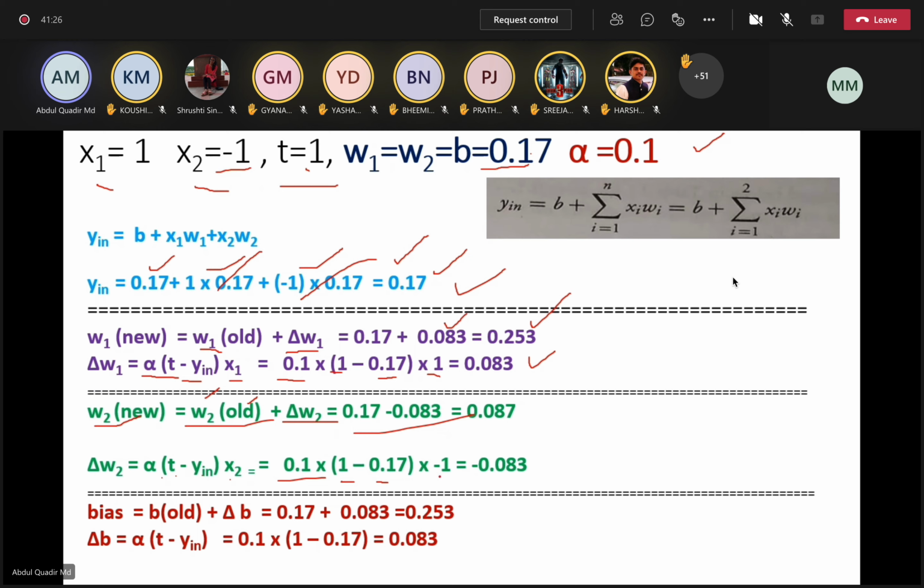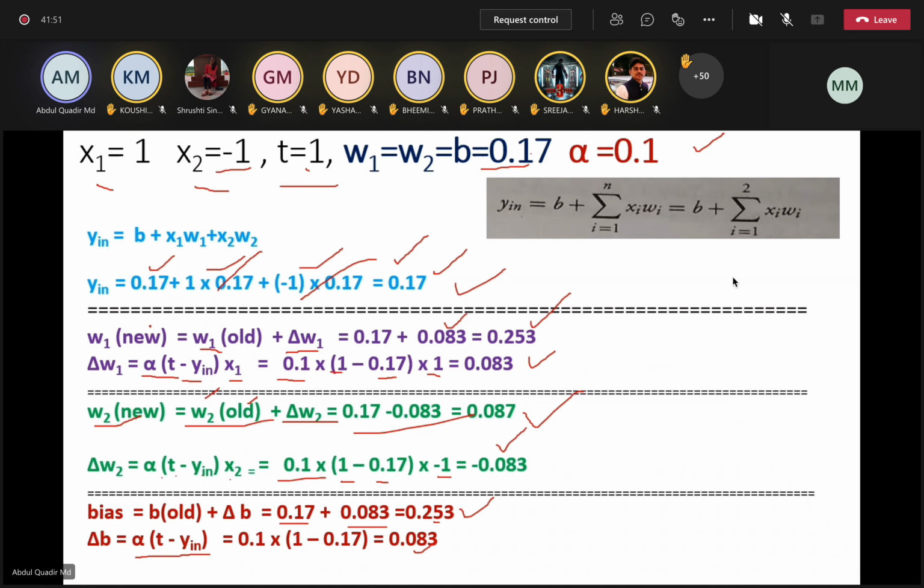When I do the math, I get minus 0.083. When I substitute this, I get 0.087. Then bias equals bias old plus delta bias, which is alpha into (T minus Yin). I've calculated, and I get this.